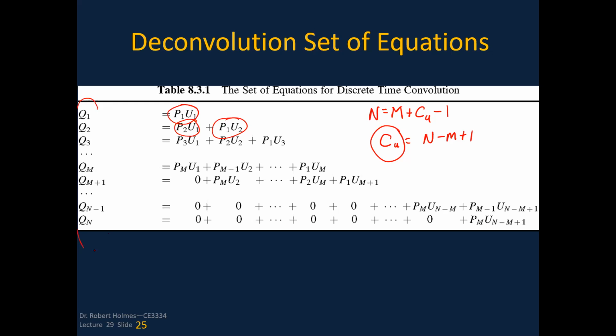Again, we know all these values of Q1 through Q capital N because that's my direct runoff hydrograph that I have from my real data. I also know my excess precipitation values, P1, P2, P3, et cetera, because I have real data. And we've done this exercise, or we will do an exercise, where you have to determine the excess precipitation.